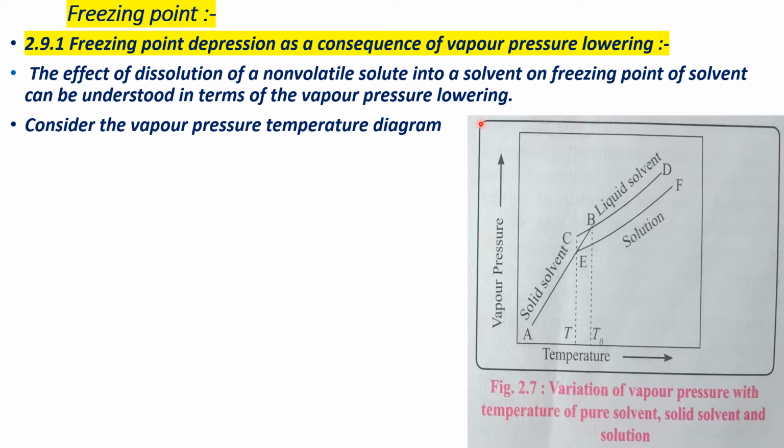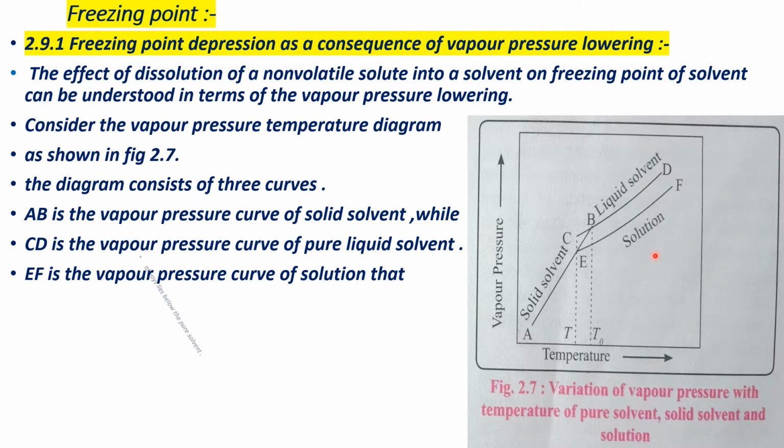If we consider the vapor pressure temperature diagram as shown in the figure, you have to simply observe this diagram. The diagram consists of three curves. AB is the vapor pressure curve of solid solvent.